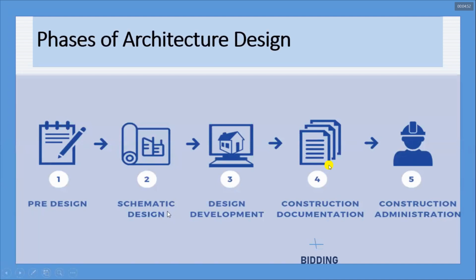Then the schematic design, then design development. The fourth phase is construction documentation, bidding, and sometimes it involves building permitting as well. We sometimes refer to them as separate phases, and other times we consider them a similar phase. The last phase is construction administration.